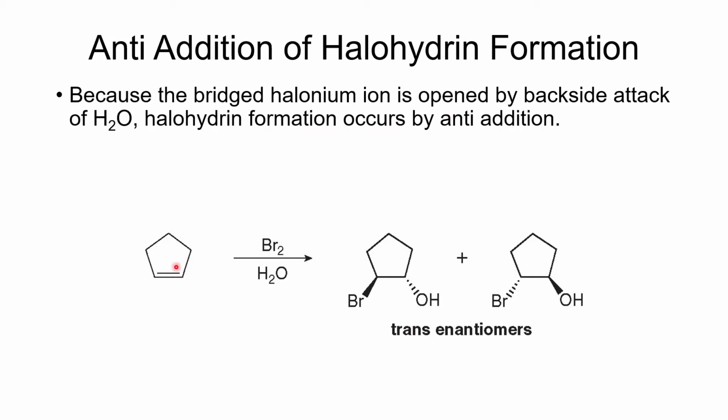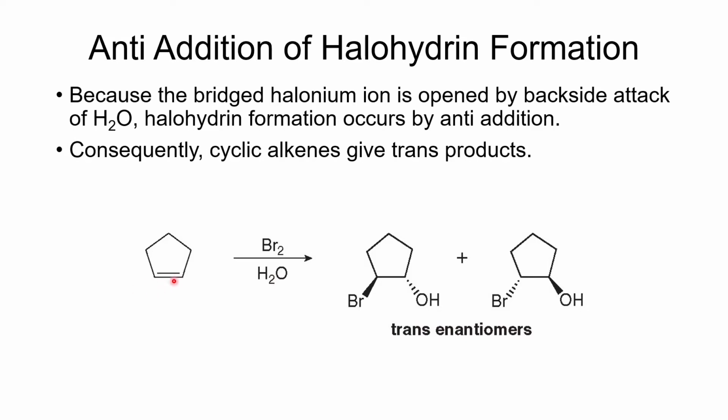So if we take cyclopentene here and we use bromine and water, we're going to get the trans enantiomers for this. Now, as I've mentioned before, because we have an achiral starting material, our products either have to be achiral or a racemic mixture. And in this case, we get the racemic mixture of a pair of enantiomers. And they are definitely the trans products.